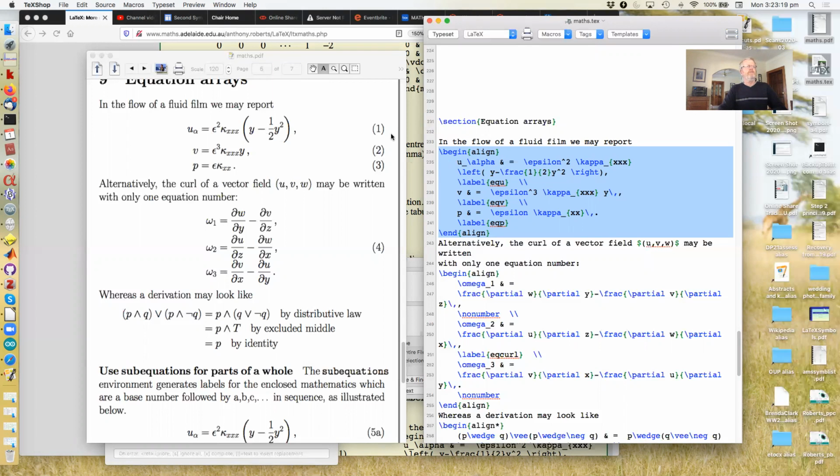Now, the basic aligning environment will number every equation, which means we can label every equation and refer to each of those equations individually by their individual label.